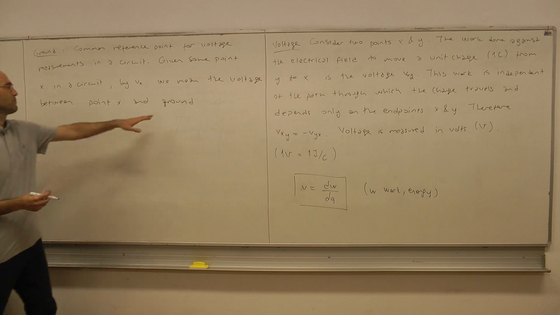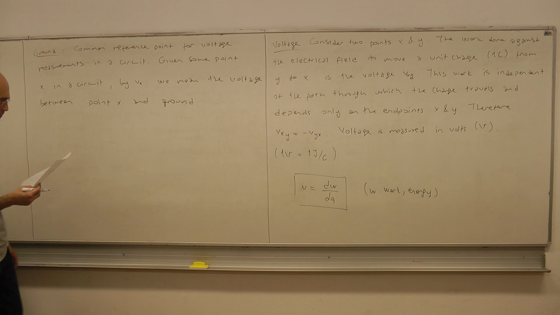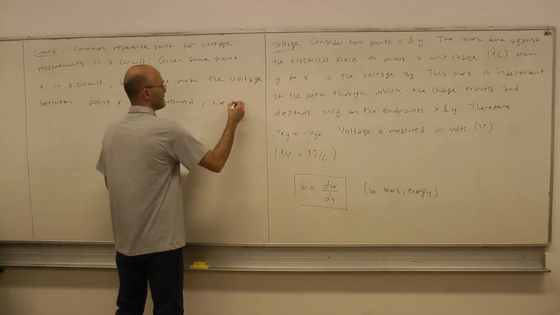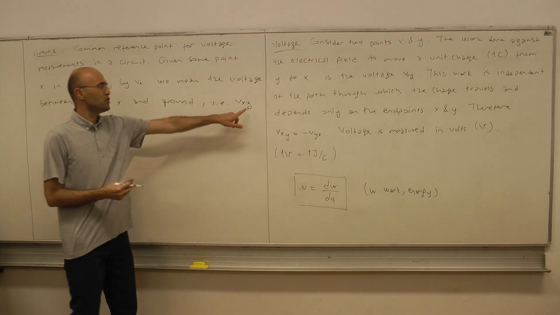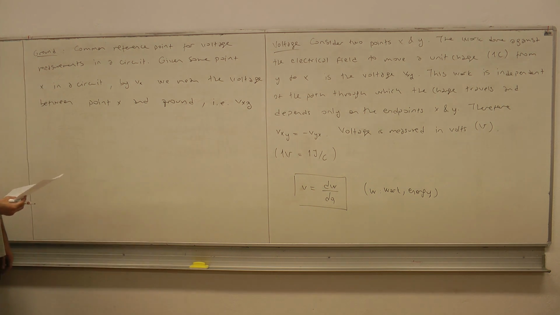And that other node is determined by choice. To be more formal, by Vx we mean Vxg, and this letter G represents the so-called reference node, reference point.